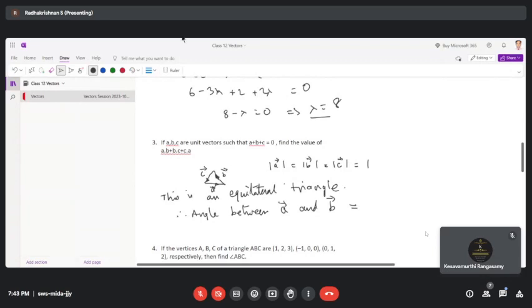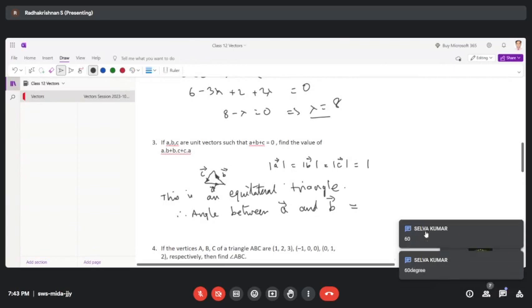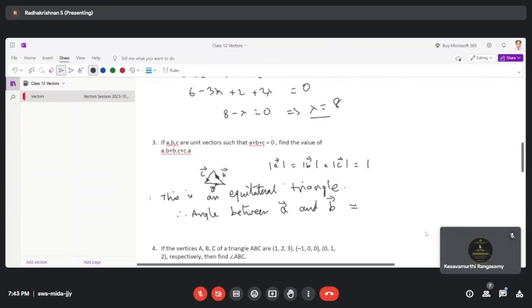In an equilateral triangle, what are the angles? Okay, the internal angle is 60 degrees. So what is the angle between the vectors? A is pointing in this direction, and B is pointing in this direction.